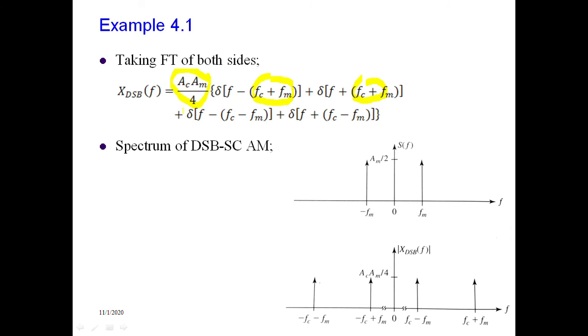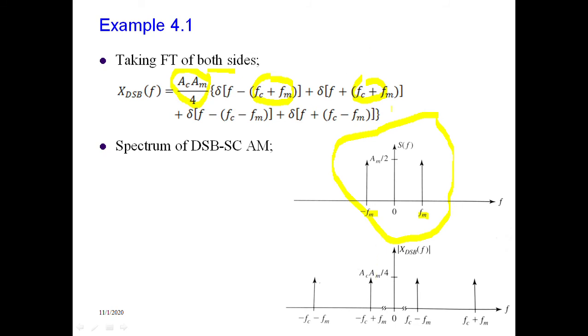Right now we are going to plot the spectrum of the DSB-SC. When you see here, this is the spectrum of the signal, SF. The spectrum of the signal cos 2 pi FMT has energy at minus FM and plus FM.